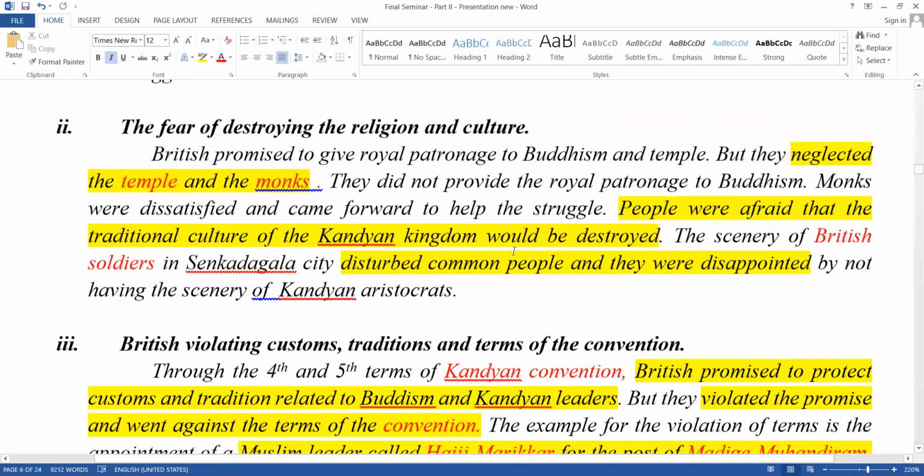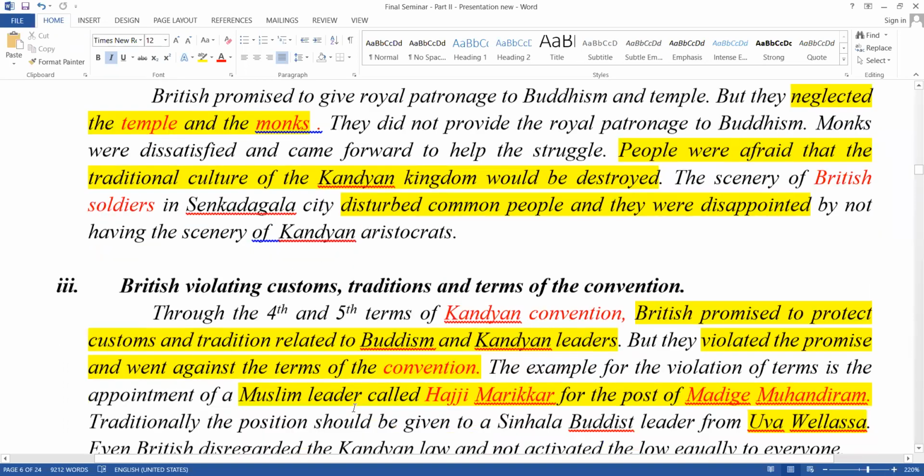Then what is the third heading? British violating customs, traditions, and terms of the convention. They promised through the Kandyan Convention to protect Buddhism and give privileges to the leaders as they enjoyed earlier, but they did not do that. They violated the promise and went against the terms of the convention.